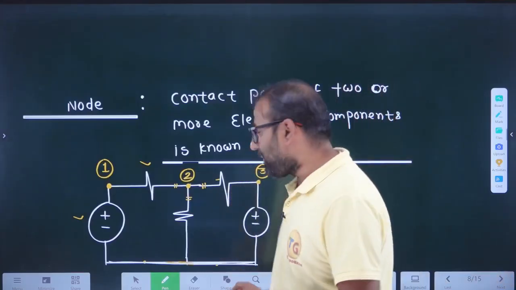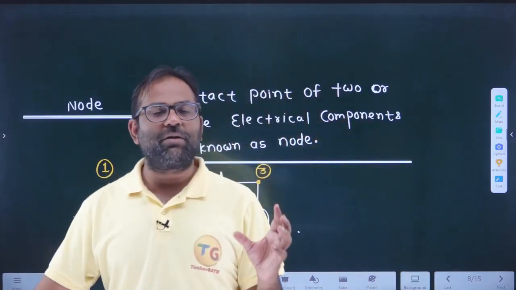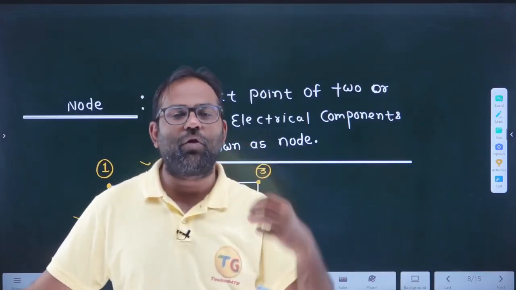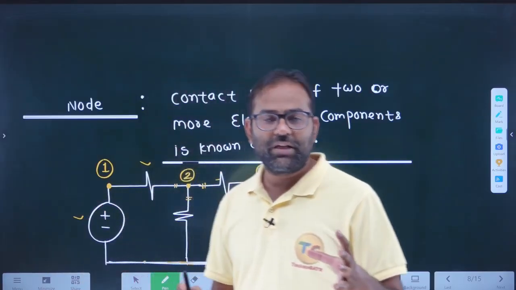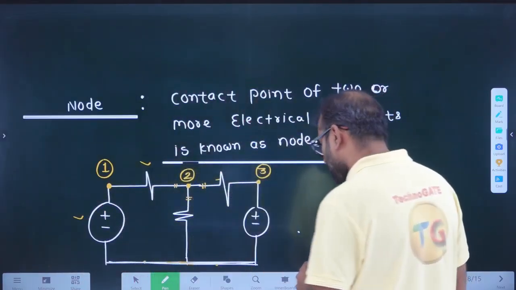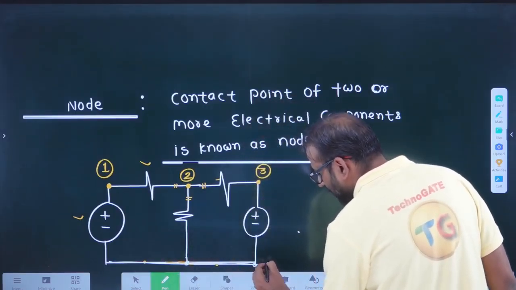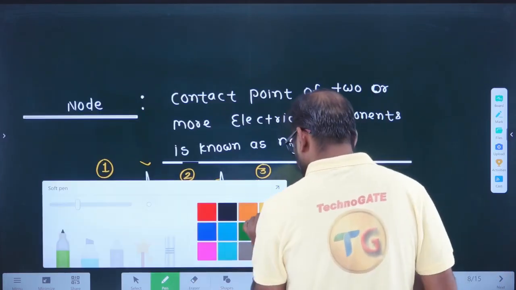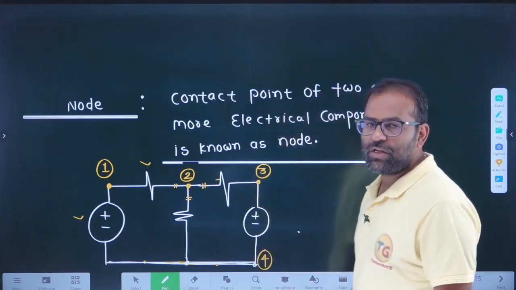Why is it the same node? Because there is no component in between. If there is no component in between, there is no rise or fall of the voltage. If there is no rise and no fall of the voltage, we can say this will have the same voltage. So we can call this whole thing a node, and I am calling it node number 4. I hope the definition is clear.